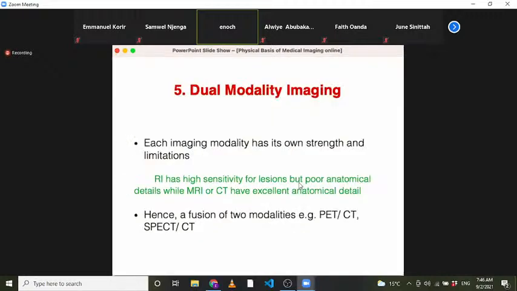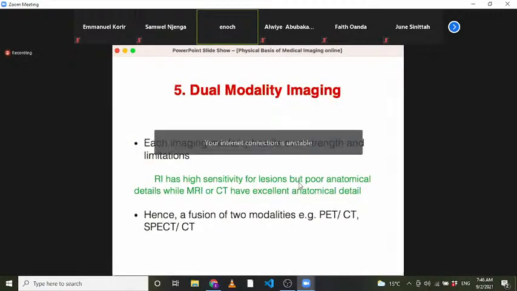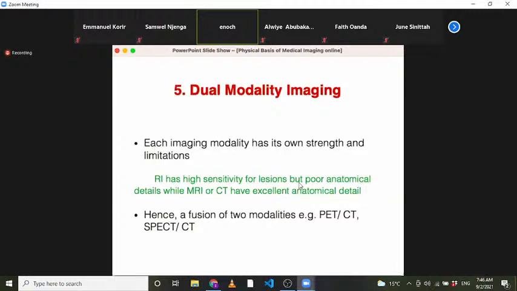Now the last form of modality that I mentioned is where we are combining the two. MRI has high soft tissue differentiation, or high soft tissue sensitivity, that can be rivaled by CT. But for MRI, like I said, we are not using an ionizing form of energy, so we can consider it to be a safe modality.